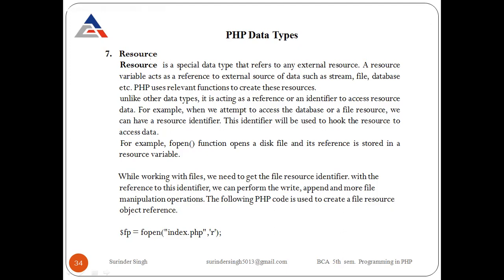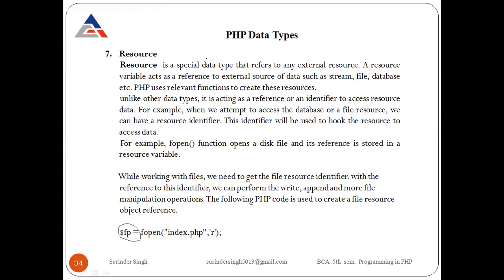And a resource can be any file, any database connection, or any database. Resource is not a data type, but we are creating a variable which contains the reference to an external resource. So that variable can be called a resource variable.